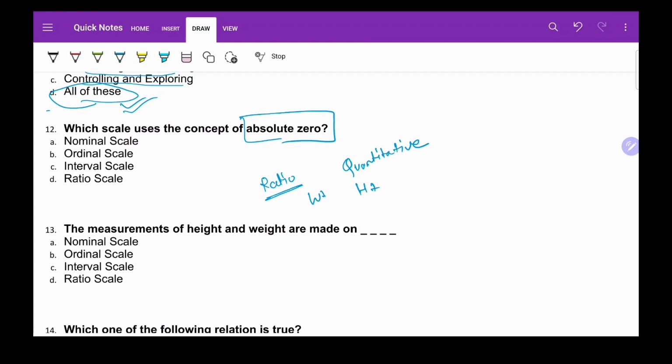So absolute zero is what? Absolute means absence. 0 kg is absence of weight. 0 centimeter is absence of height. Like that, absolute zero means when 0 means no presence. So this is possessed by ratio scale.